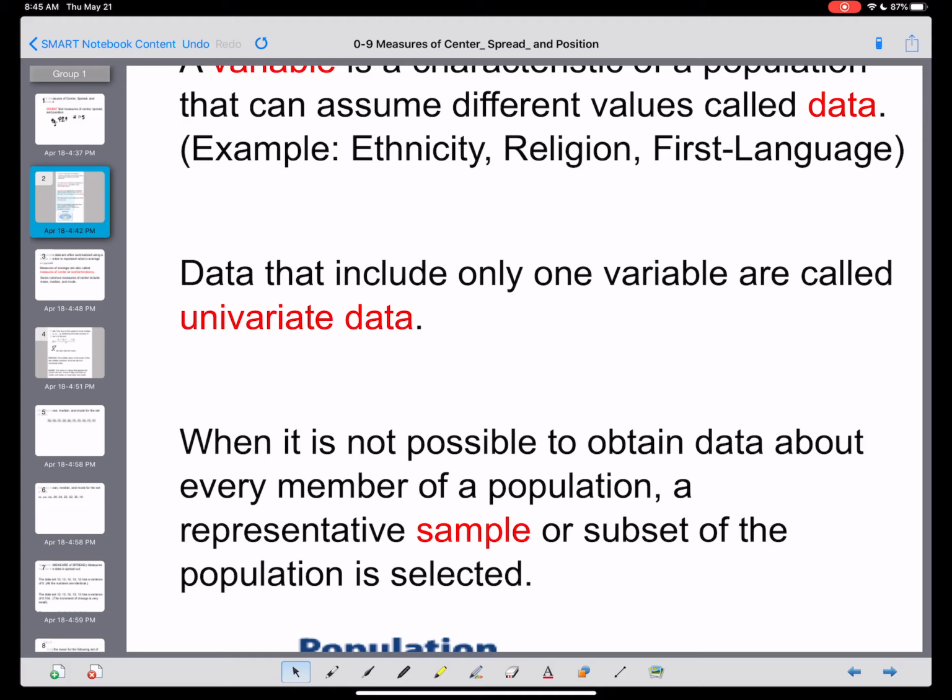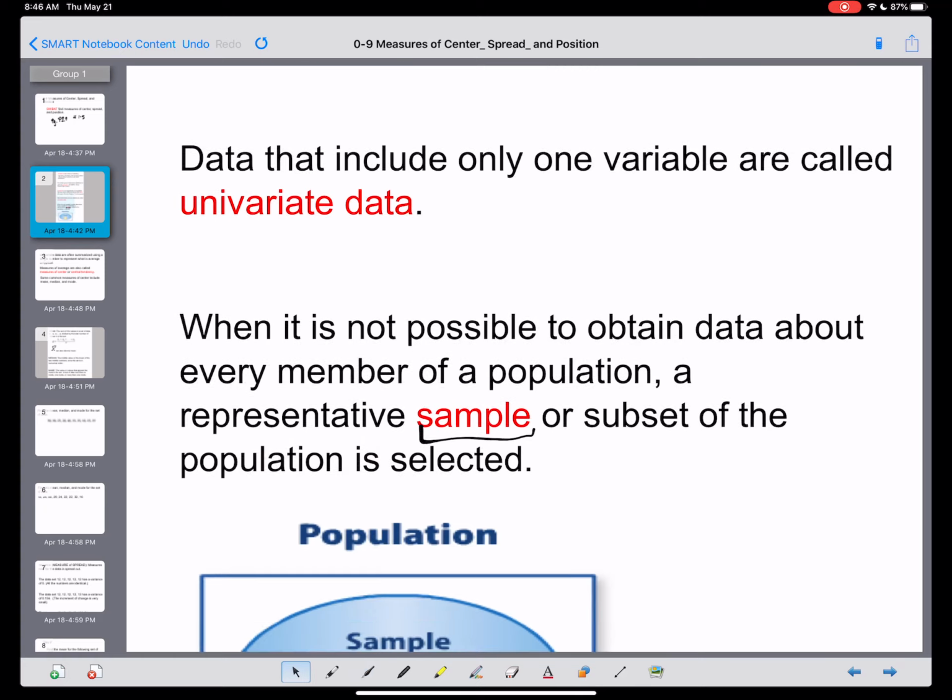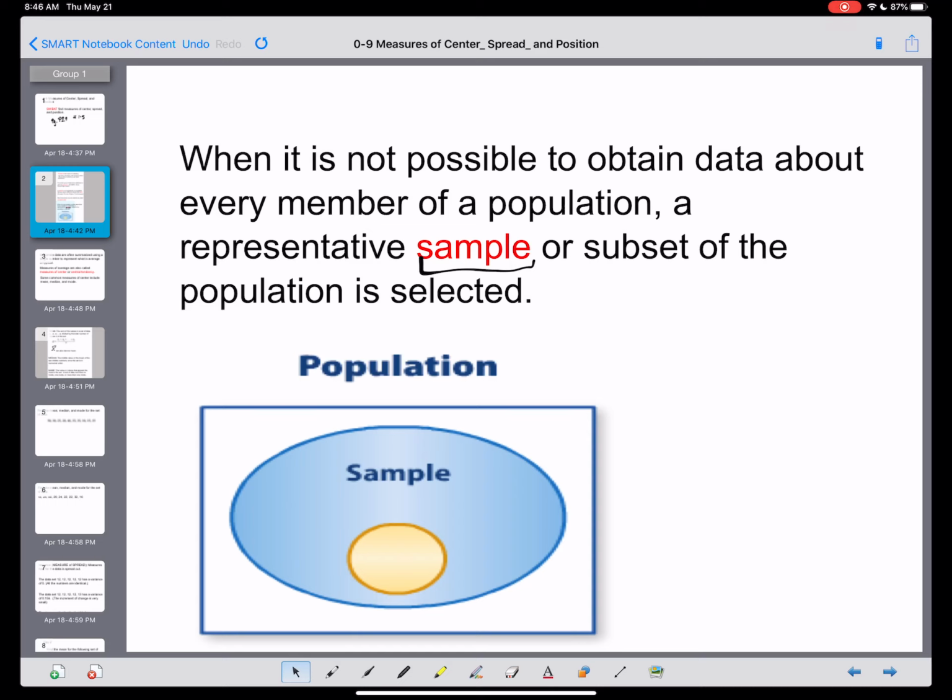So most of the time doing a population is not realistic. Instead we do a sample, which is just a part of the population that represents it. Instead of asking all 3,000 students, maybe I'll ask 50 or 100 randomized students. Population is everything, and a sample is part of the population.